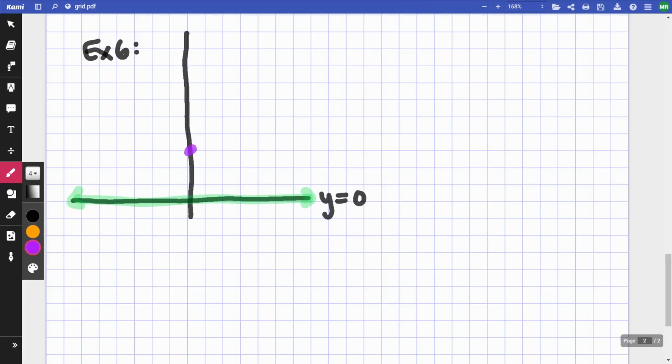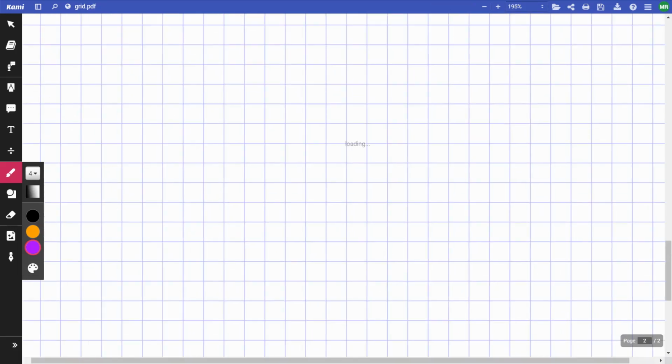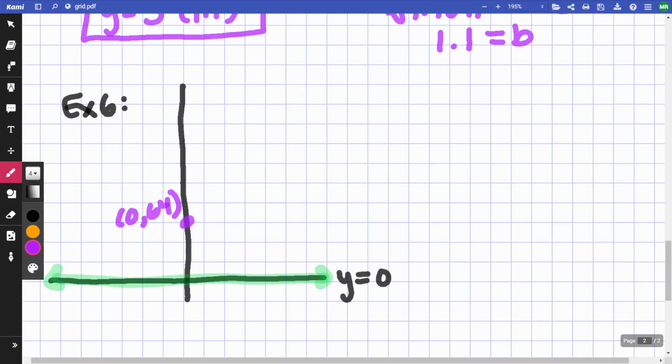So let's just say that this point here is 0, 64. And then let's say I have another point at 6, 729. So 1, 2, 3, 4, 5, 6. I'm just going to go as high as I can, and let's say this is 6, 729. And then we have our graph.